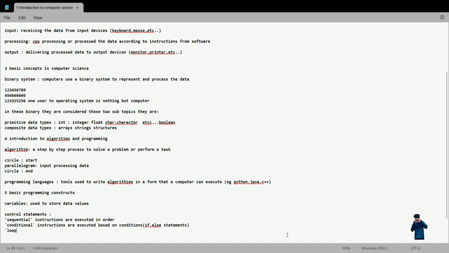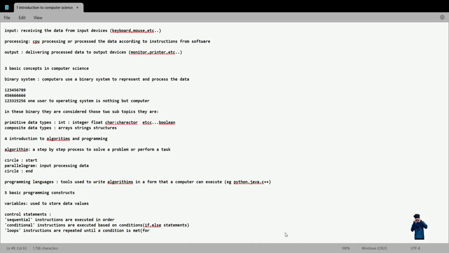So after conditionals, we want to know about loops. We already know about loops, so now we want to know about them here. Instructions are repeated until a condition is met.